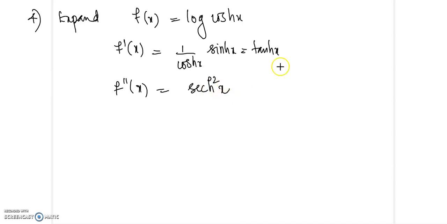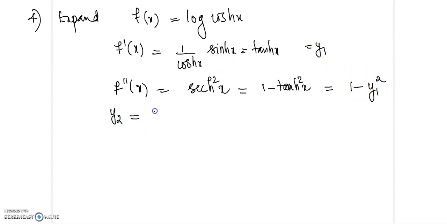And now let us expand the derivatives in another way. So sec h square x, that will be 1 minus tan h square x. So this will be equal to 1 minus y1 square, where y1 is your first derivative. So we will get the equation y2 equal to 1 minus y1 square.